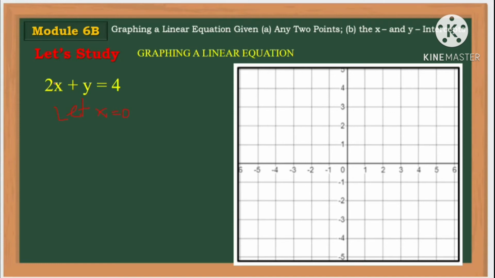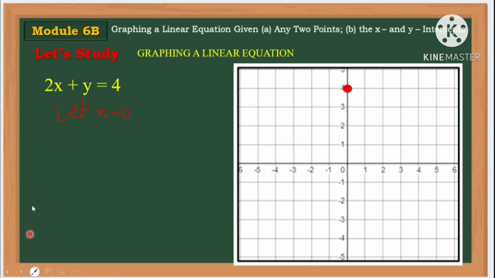Kung ito ay 0, ang natira ay... Okay, so may I use the laser pointer. Pag ito ay 0, so 2 times 0 is 0. Meaning, ang naiwan is y = 4. So pag pinrint natin, y = 4, ayun. Para rin siyang x and y intercept, para mas mabilis lang. Okay.